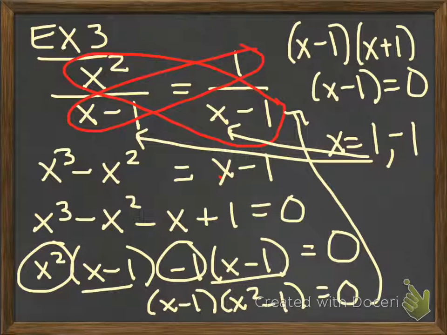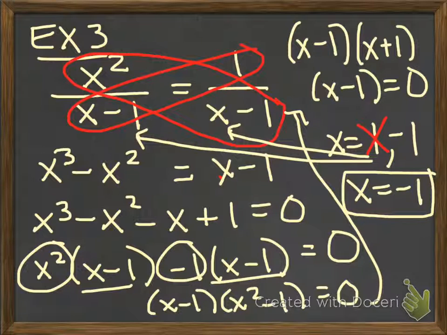We can't have 0 in the denominator. So x equals 1 is not a valid answer. When we put regular 1 in here, you get 1 minus 1, which is 0 in the denominator, so the only one that works is x equals negative 1.